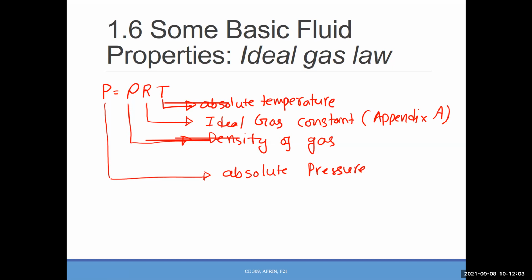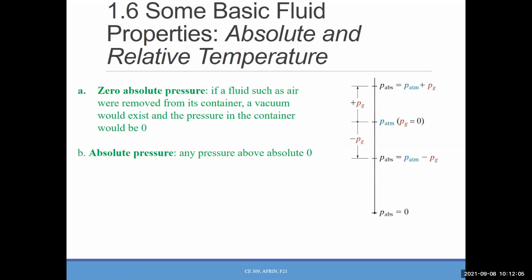So that's what we will do today. We will try to learn a few different types of pressure. And there is a mistake, that should be pressure, not temperature.